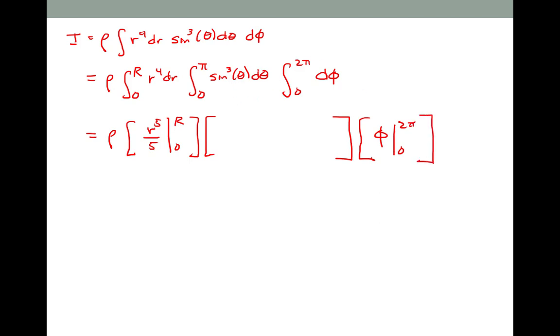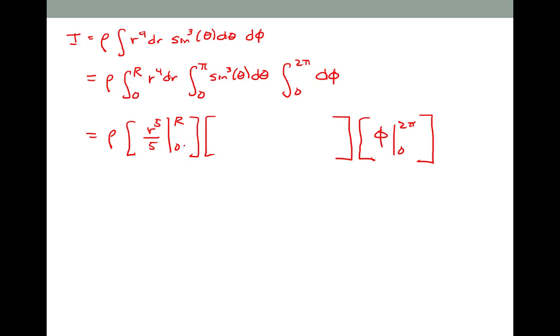The integral of sine cubed theta d theta is not one that is typically done quick and easy. We could pull out our calculus toolbox and calculate it, but that's not the goal here. The goal here is to do the integral. So for that, I went and I looked it up in an integral table.